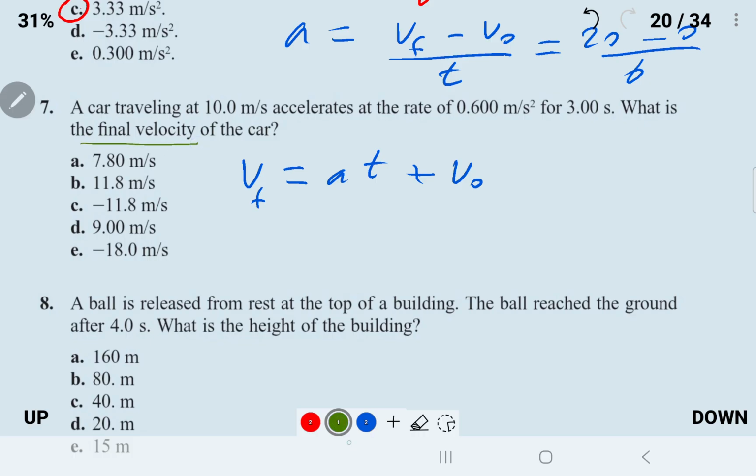So you multiply the acceleration, 0.6, times 3, which is the time, plus V initial, which is 10. So here you get 1.8 plus 10, and that will be option B.